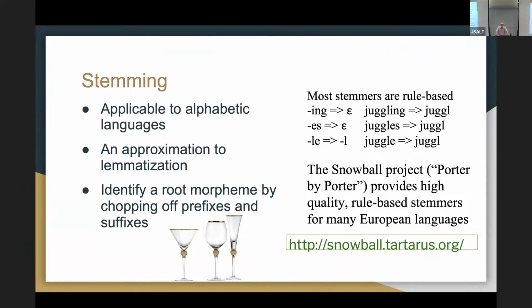It got so popular that everybody who wrote a rule-based system called their system a Porter stemmer, even though it was not the Porter rules. So Porter got frustrated and set up this Snowball project, which is sort of Porter by Porter, and it has an English stemmer and stemmers for other European languages. So if you happen to need a stemmer for a European language, this is a reasonable place to go to get it.